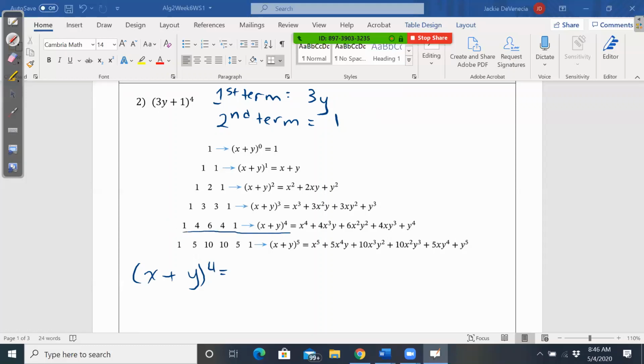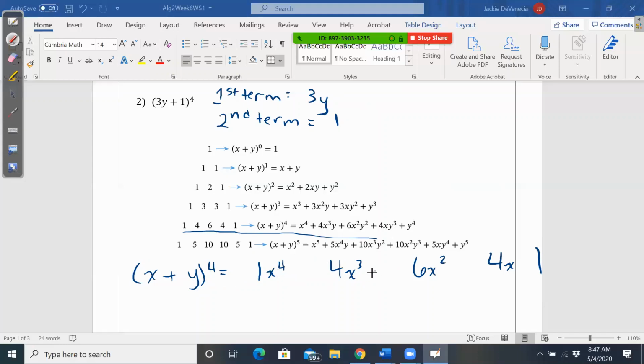it's going to look like this, but this will be my coefficients. And then this will be how my exponents will look like. So I'm going to start with my first term, x to the 4th. And remember, I'm decreasing. So x to the 3rd, x to the 2nd, x to the 1st, and then after that, there's no more x's. Now I need to write my second term, y.